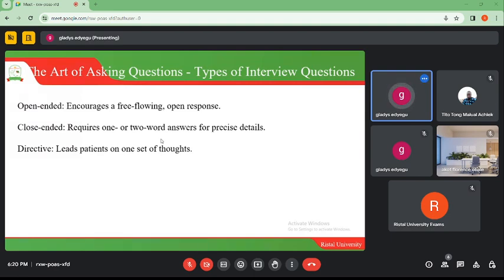With directive, you are the one leading the patient to that answer, and the patient will tell you exactly what you need to hear from him. But with closed-ended, you're not directing the patient to say exactly what you need, but the patient will respond with very few words. Not like the open-ended where the patient speaks too many things, and it's you now to know exactly what you need to pick out of what the patient has explained.